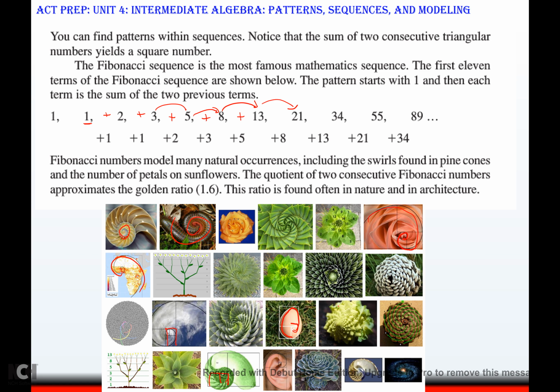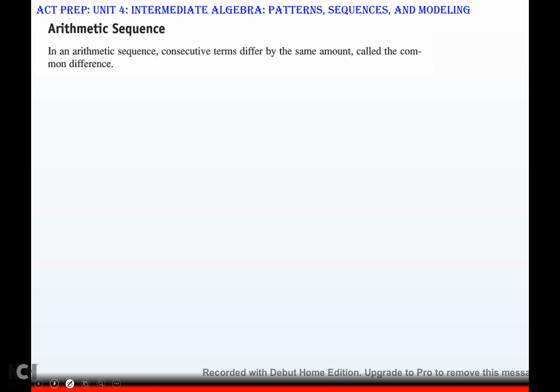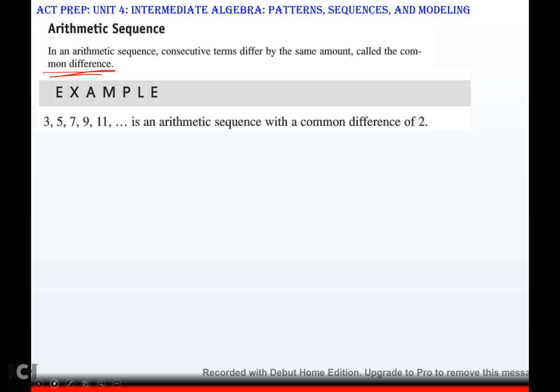It's pretty cool actually. All right, so arithmetic sequences. In an arithmetic sequence, consecutive terms differ by the same amount called the common difference, or we call it D. Example, 3, 5, 7, 9, 11 is an arithmetic sequence with a common difference of 2 because 5 minus 3 is 2, 7 minus 5 is 2, 9 minus 7 is 2, 11 minus 9 is 2, which means the pattern is there's a common difference of 2, which means to get the next one, I'd add 2.